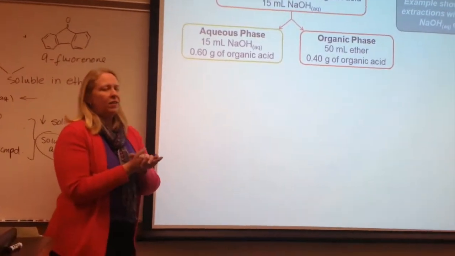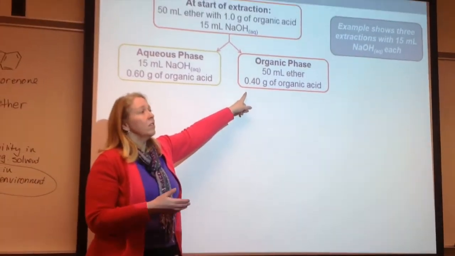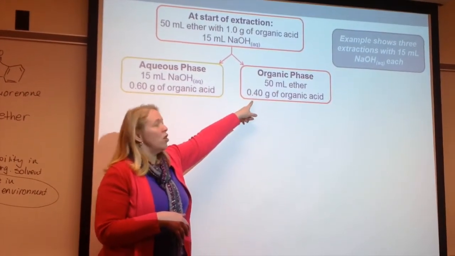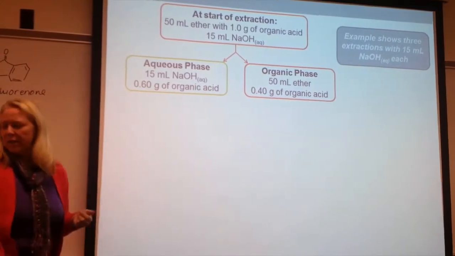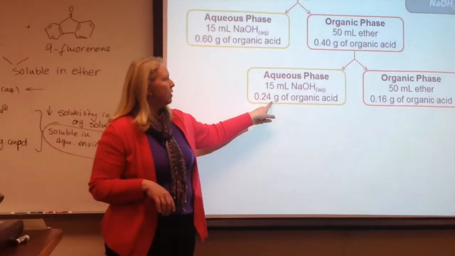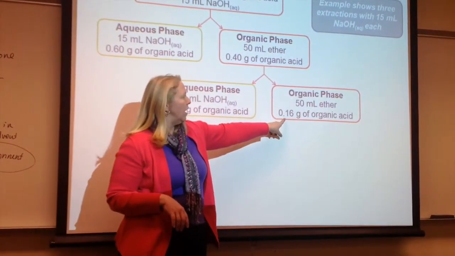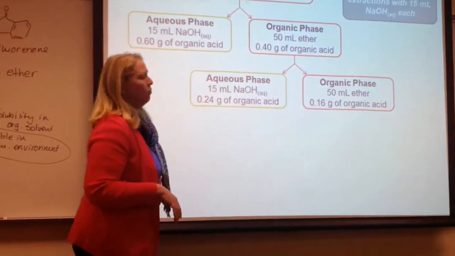When we do our second extraction, which I just did here, we should get another 60% of what's left transferred into the sodium hydroxide, right? That gives us another 0.24 grams in the next batch of sodium hydroxide, and then 0.16 grams remain.